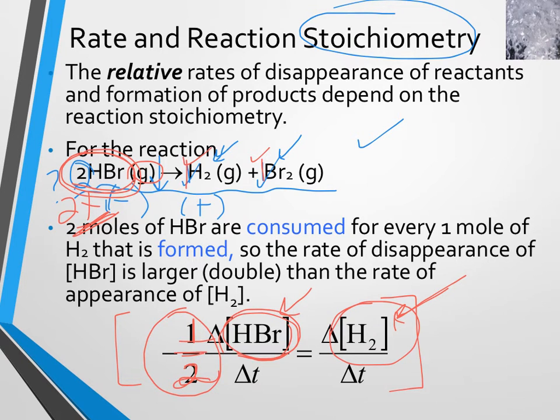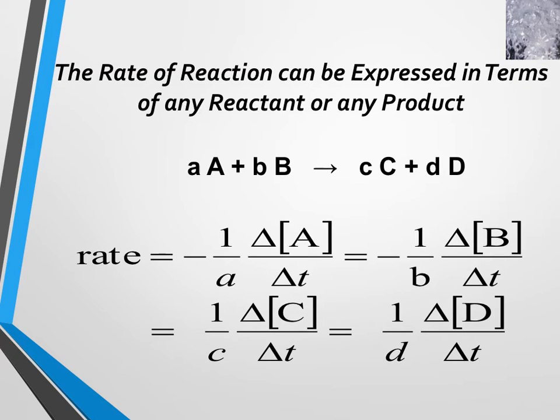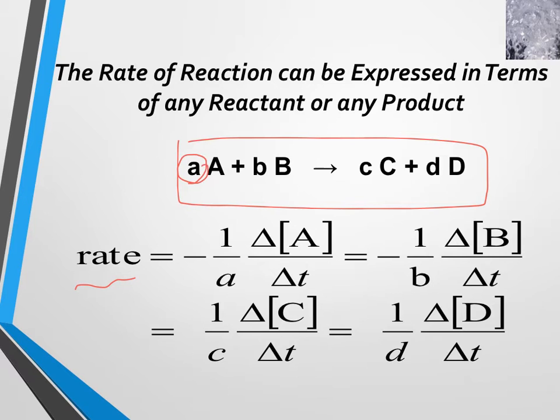So there's a general equation that you can use which makes things a little bit simpler. If this were a generic reaction, and you wanted to express the rate of this reaction with respect to each one of the reactants and products, this would be what you would do. Notice that you take the coefficient in front of the reactant or product that you're talking about, and the rate expression becomes 1 over whatever that coefficient is.